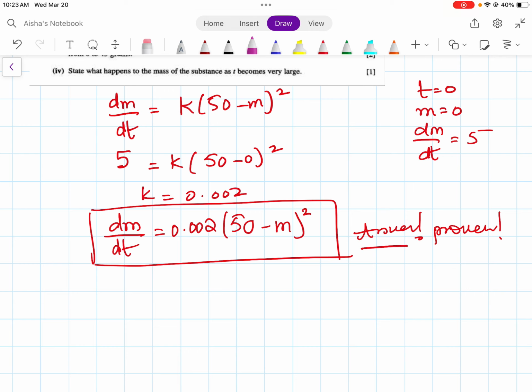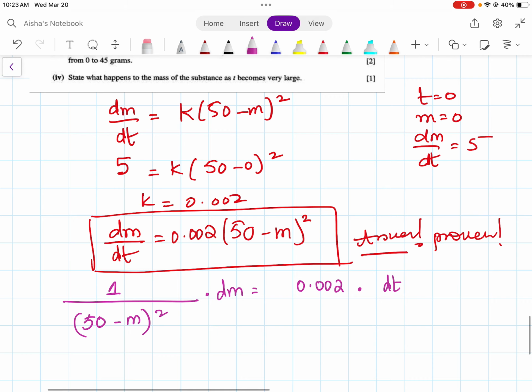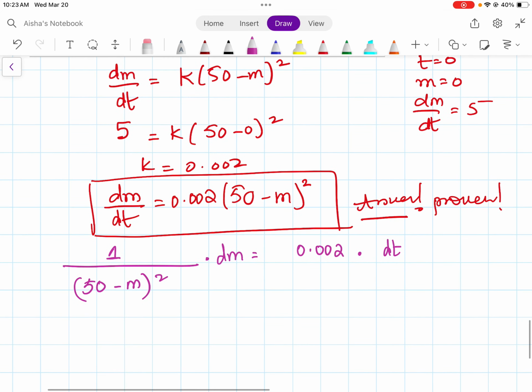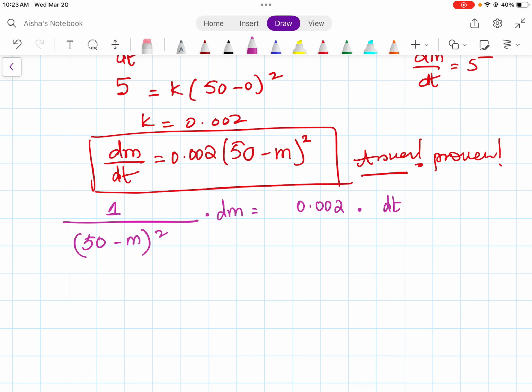Okay, this is interesting. Let's do this. 1 upon 50 minus m square means this can go in the numerator as a negative power.